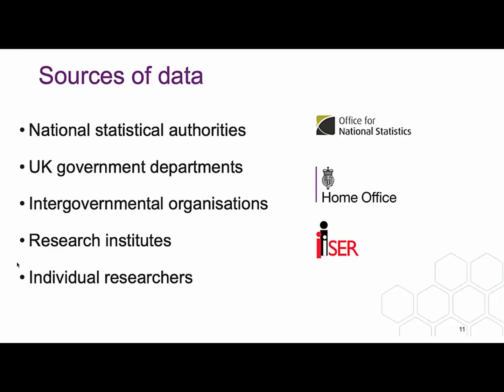So we have end user license. We then have special license data. Special license data is deemed to have an increased risk of disclosure, and you will be required to fill out a special license form to access it, setting out the project, the aims and the purposes, and your outputs.